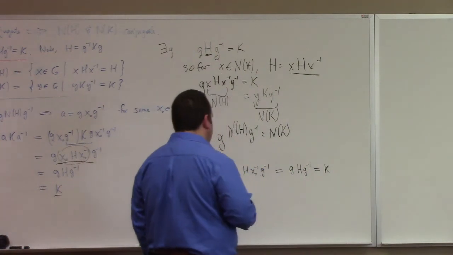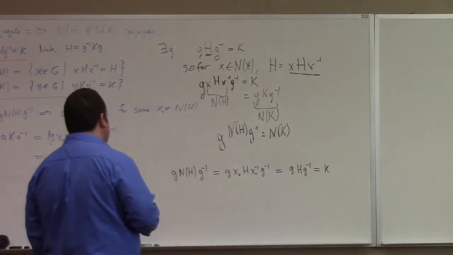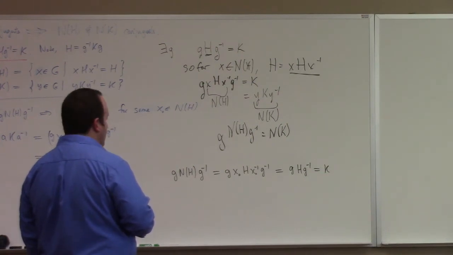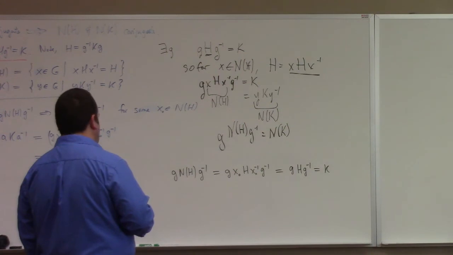But k is equal to y k y inverse, oh, I see what you're saying. Yeah, I don't know if you can. Yeah, k is equal to y k y inverse if y is in the normalizer of k. If y is in the normalizer, okay, yeah.